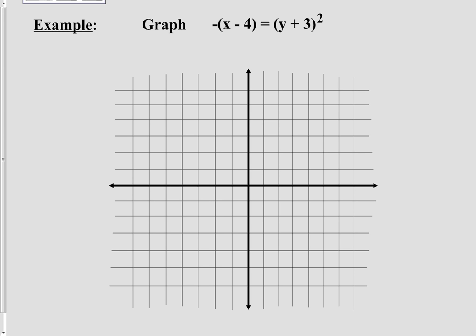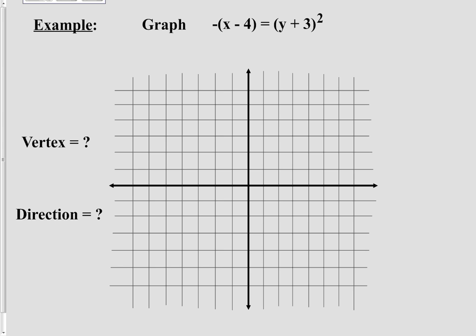Now the formula already fits the standard structure of the parabola, so we don't have to do any crazy completing the square stuff like we did before. We can simply answer the questions: where is the vertex and which direction does the parabola open?